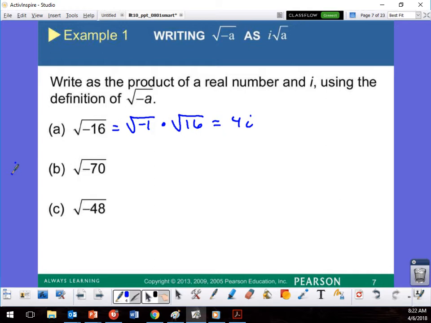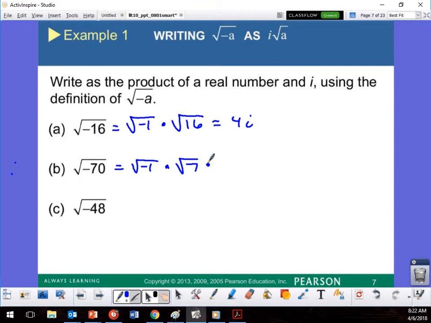Anyway, all right. So factor this thing. It's going to be -1 times the square root of 70. Now, 70 is not a perfect square, so I'm going to start looking at its factors. That's going to be 7 times 10.